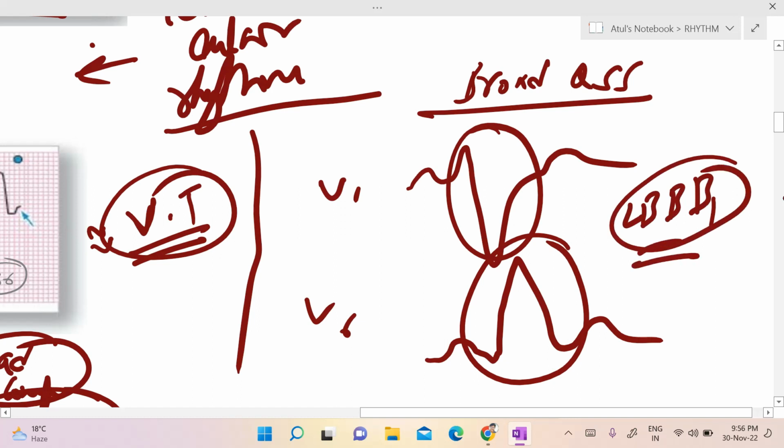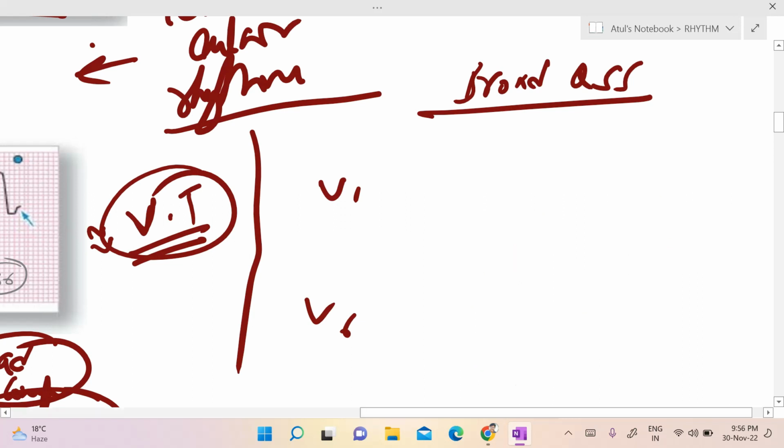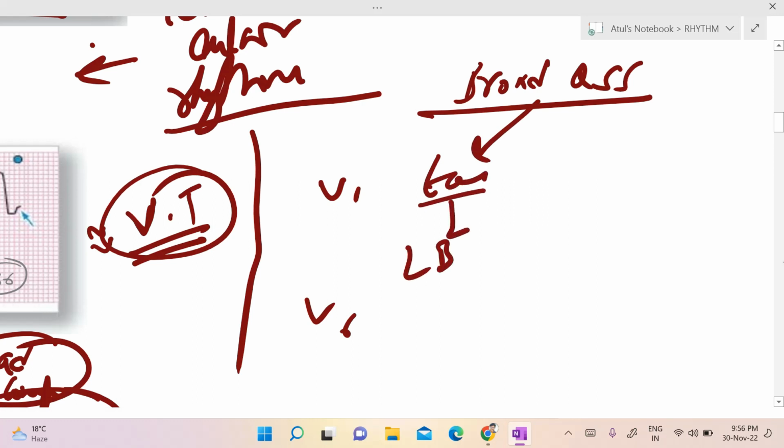So these are also broad QRS complexes. Now, if this patient develops tachycardia, it will also have broad QRS complexes with tachycardia. How will we identify whether this is bundle branch block with tachycardia or ventricular tachycardia?